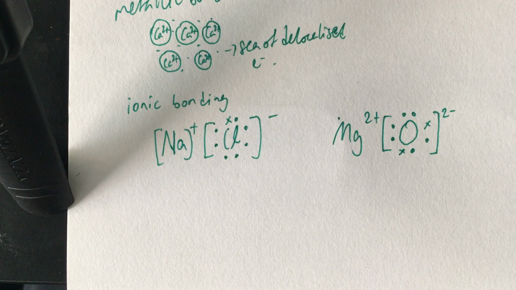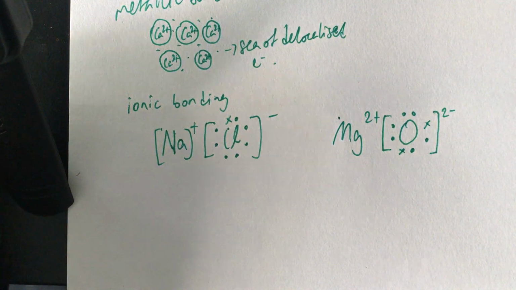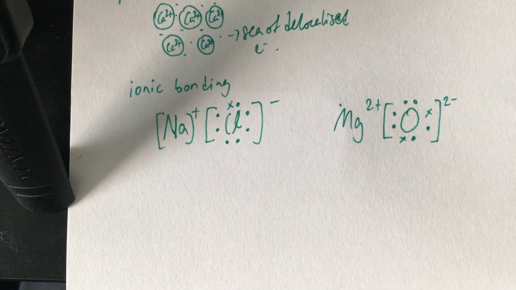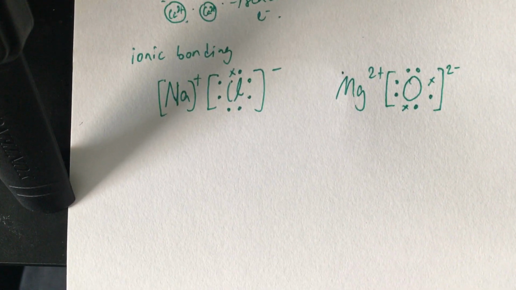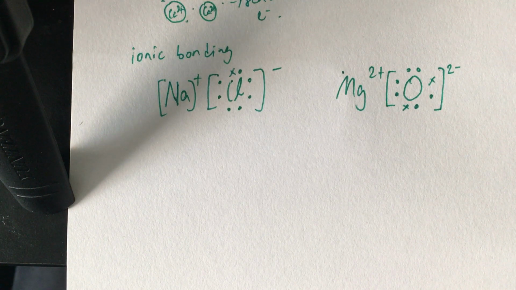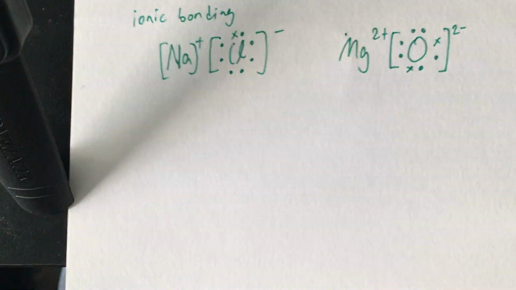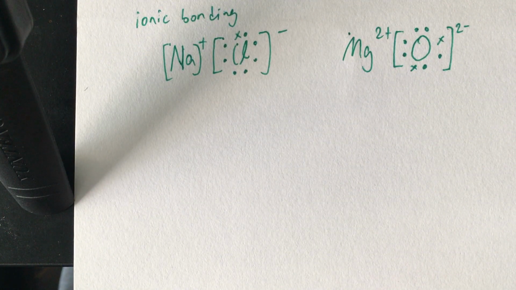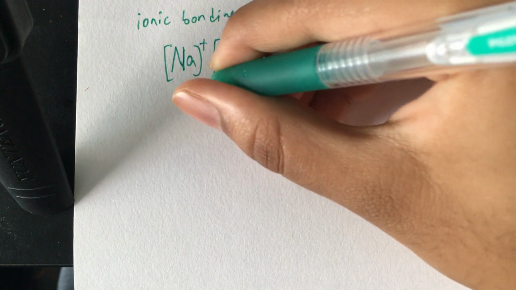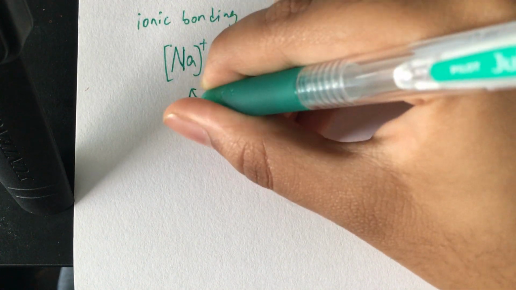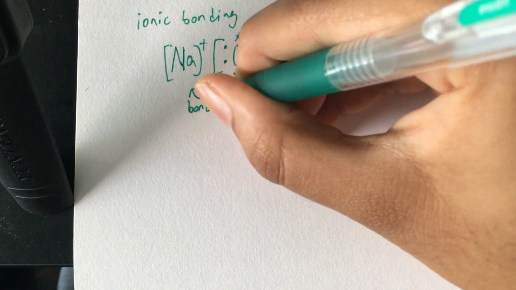And how do you describe it? Well, ionic bonding. Okay, what do you mean by describe? We already described it just now, technically. In sodium chloride, the ionic bonding is between the positive sodium cation and the negative chloride anion.